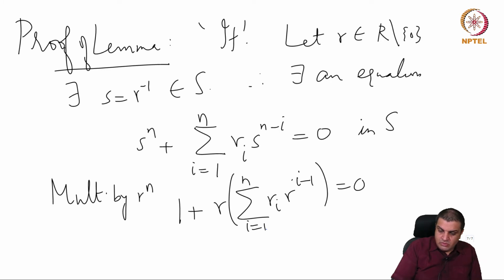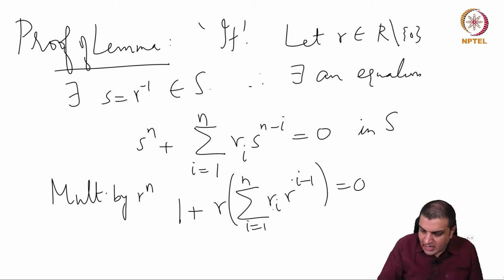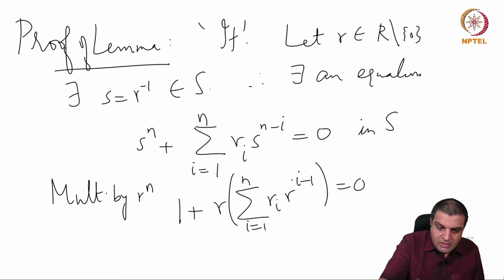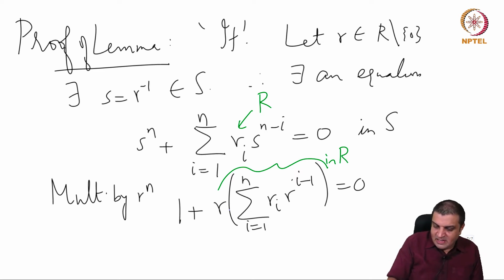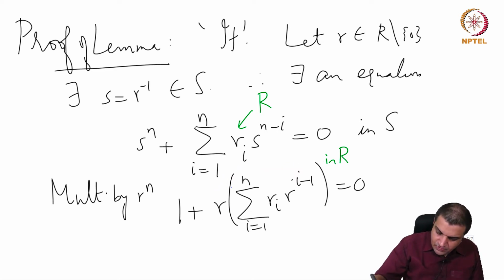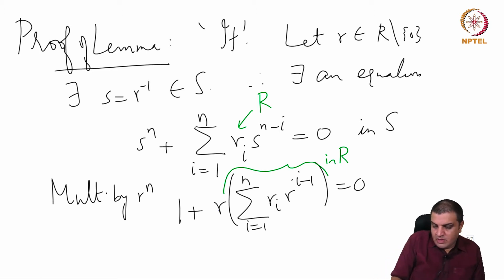But then this is an inverse, because the r_i are in R. So remember, the integral equation coefficients are inside R, and r is inside R, so the sum is inside R. So 1 plus r times an element of R equals 0.